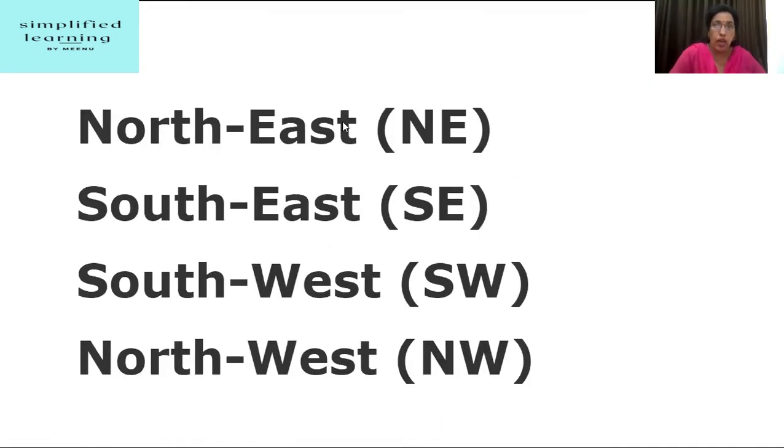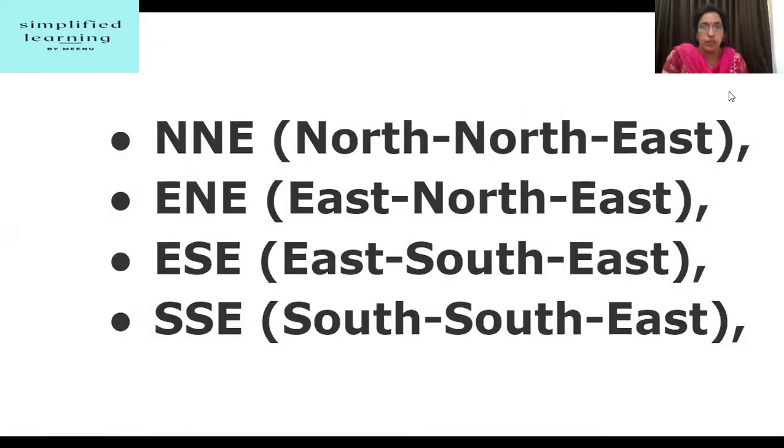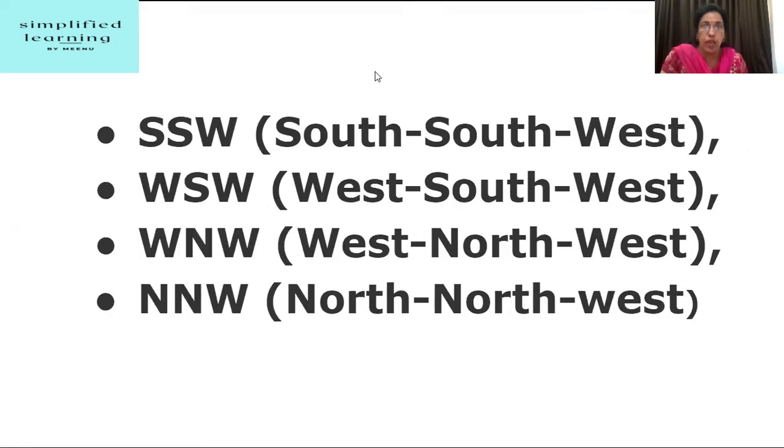We can write them in full or in the symbolic manner. Clear? Similarly, we have north northeast, east northeast, east southeast, and south southeast. Then similarly, we have south southwest, west southwest, west northwest, and north northwest.